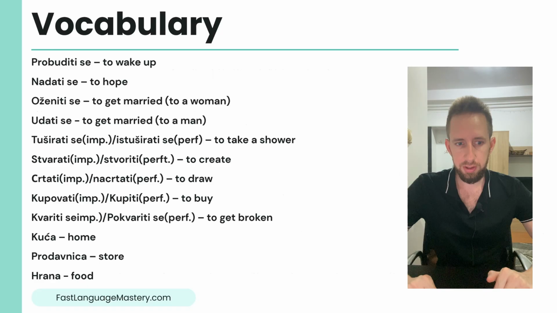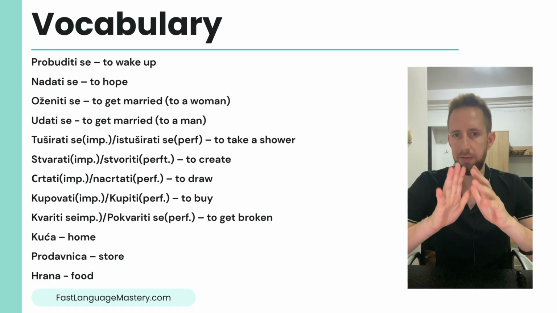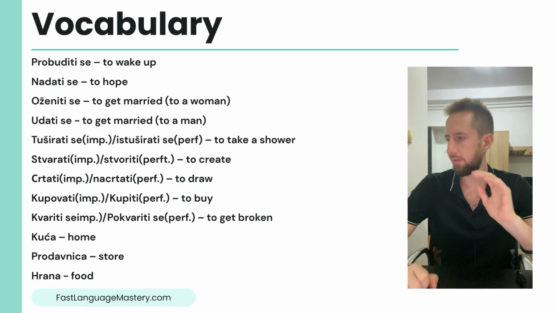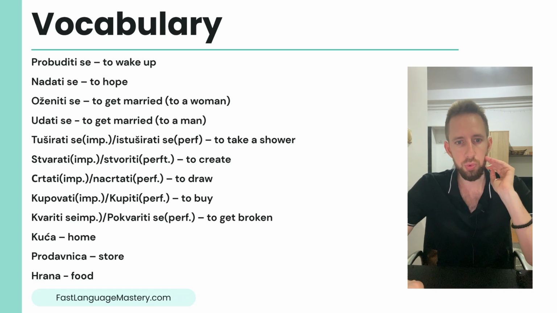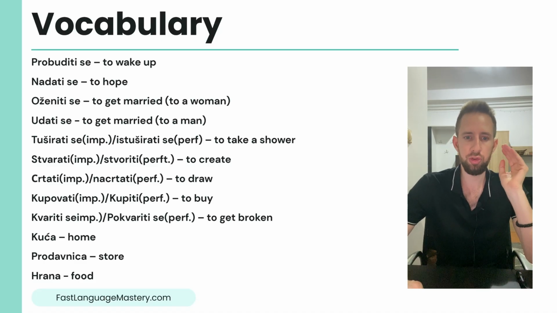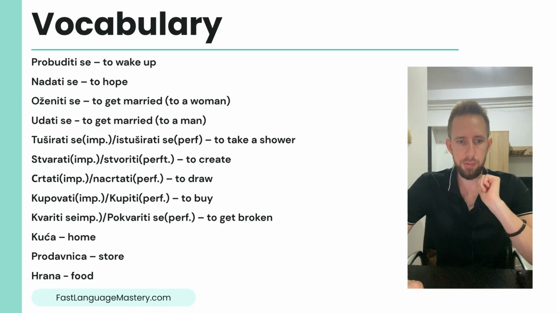And vocabulary. Try to make sentences with this vocabulary. So, probuditi se, to wake up. Nadati se, to hope. Oženiti se, to get married to a woman. Udati se, to get married to a man. Tuširati se, to take a shower, or istuširati se, to take a shower.